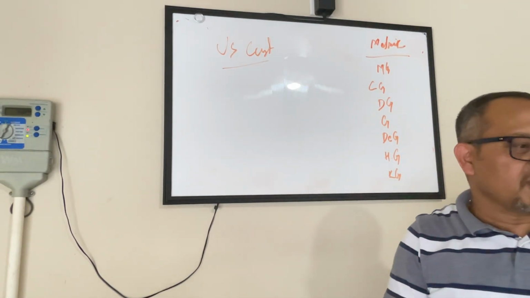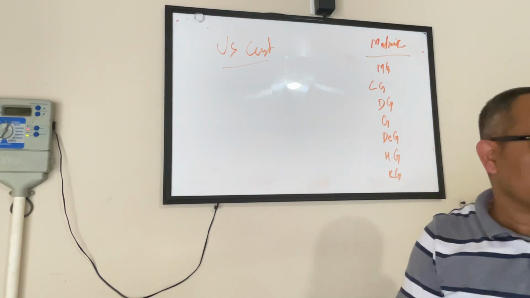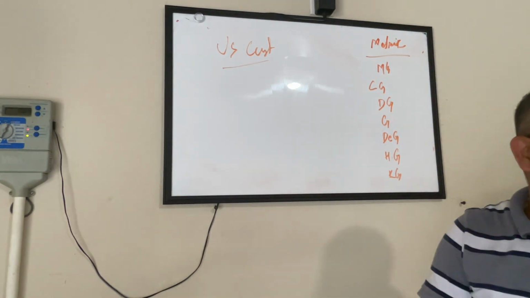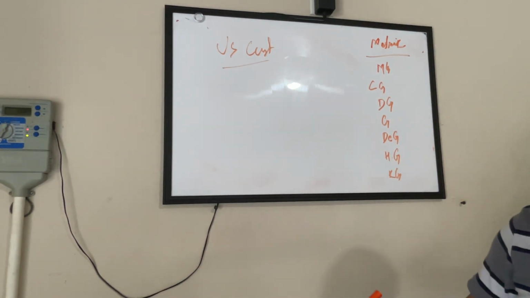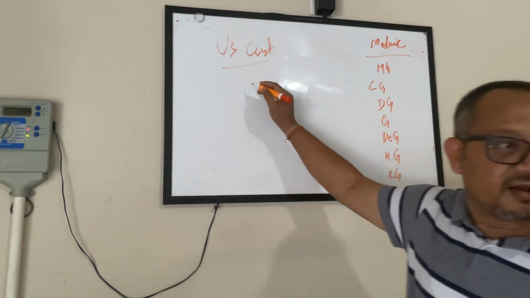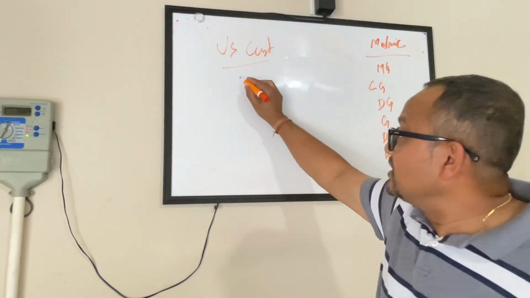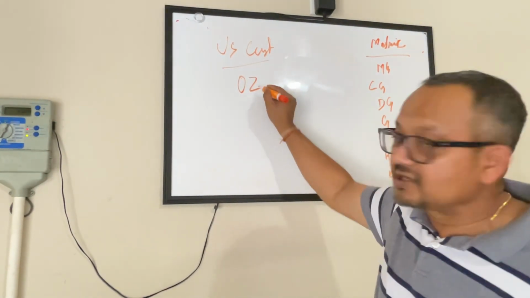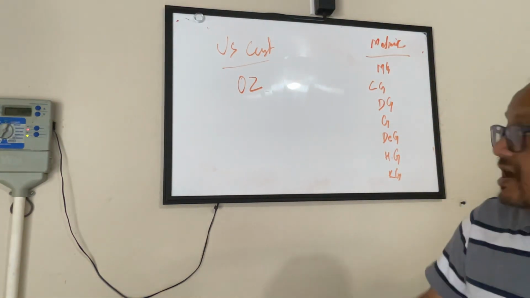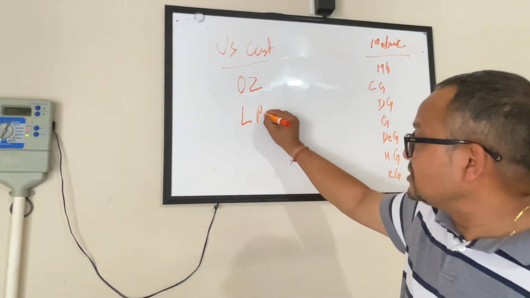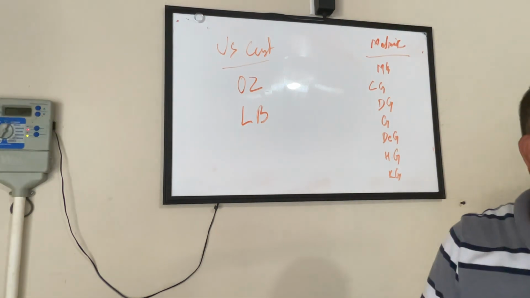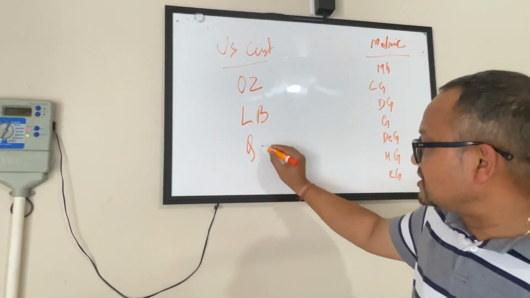Kavya, do you remember what are those units for weight? You start with ounce. Oh yeah, ounce. Then you go to pound. And then ton.